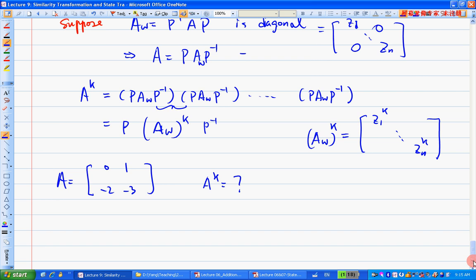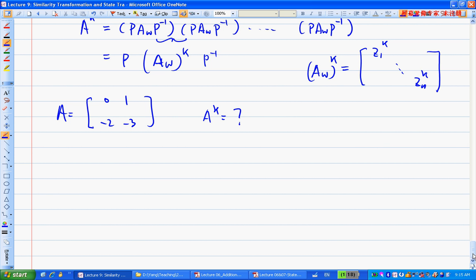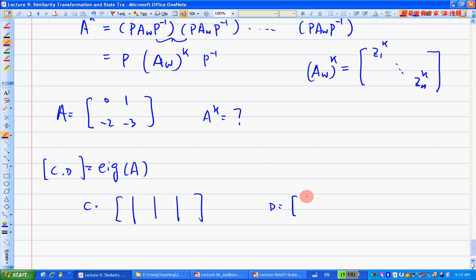But when you use MATLAB, there's one little thing you've got to be careful about. Let's say I use EIG to calculate the eigenvalues and eigenvectors of this A. MATLAB returns the C and the D matrices. The C matrix has certain columns, and the D matrix is a diagonal matrix, D1 to Dn.